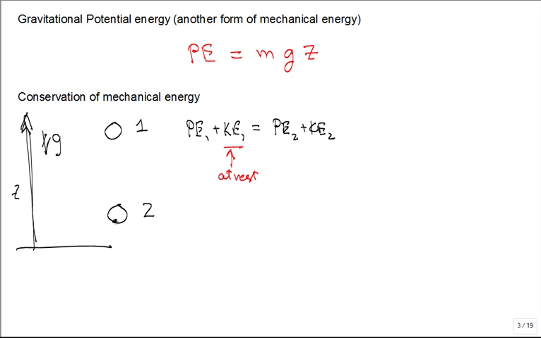And maybe we even redefine our coordinate system such that z = 0 is right there. The object is at 0 elevation at time 2, at the final state. What would the potential energy be? It could be 0 in that case right there. So we could have a transformation of energy between two mechanical forms, potential to kinetic. Not very surprising, is it?